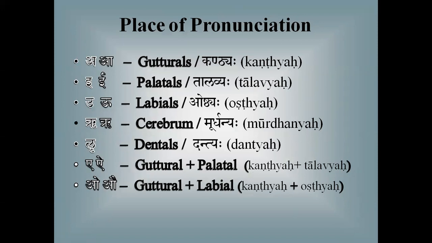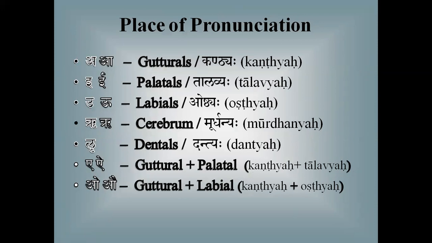Kanta, throat. The sound which comes from the throat is called Kantyaha. The sound which comes from the talu, palate, is called Talavyaha, palatals. U and U, labials. Oshtyaha. R, R, Murdhanyaha. L, Dantyaha.